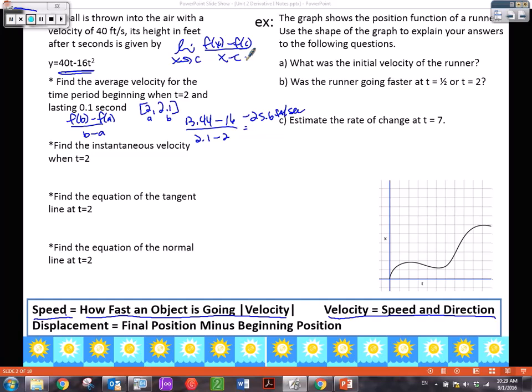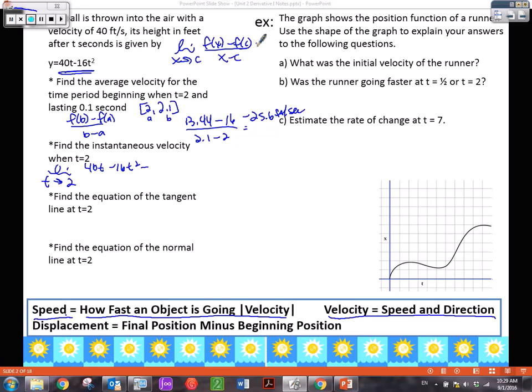Alright, so let's get our limit set up. Instead of an x, they're using a t in this scenario, so I'm going to say as t goes to 2, the one we're interested in. It says I need to put the function first. So the function is 40t minus 16t squared minus f of c.